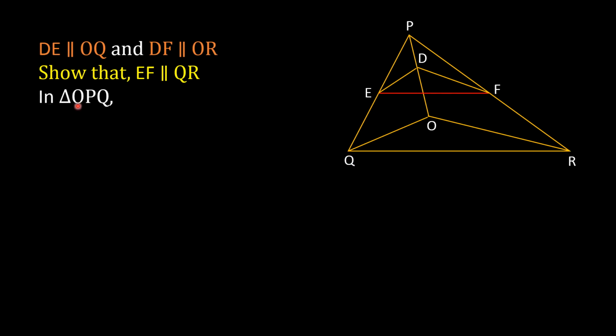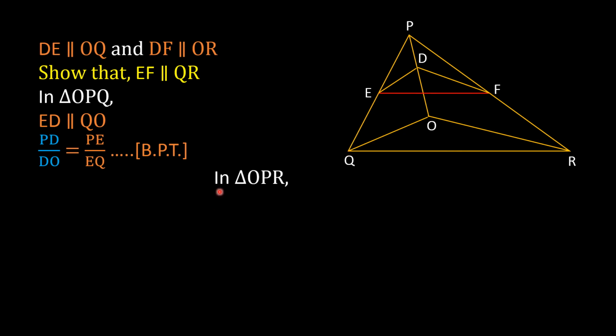First, in triangle OPQ, we have ED parallel to QO. So we can apply the basic proportionality theorem and write PD divided by DO equals PE divided by EQ.